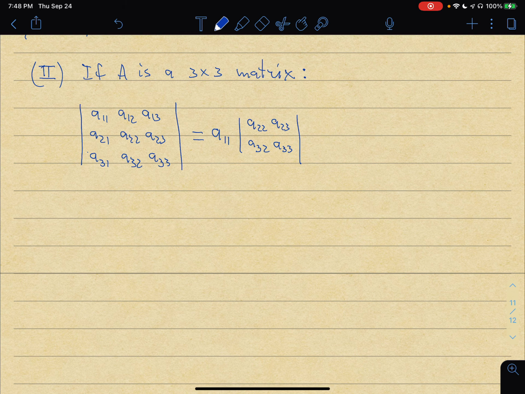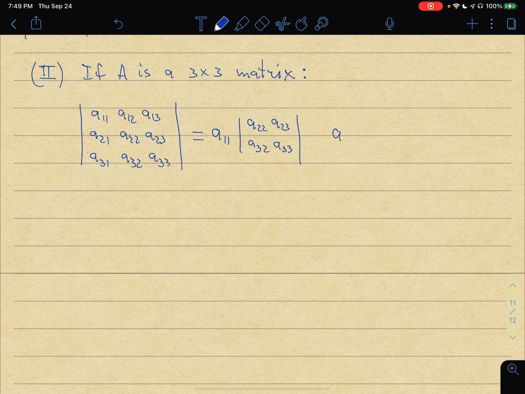Then you repeat the same thing for the second element in the first row. You remove the first row, which contains that element, and you remove the second column that contains that element. So everything circled is gone, and what is left is a 2 by 2 matrix A21, A23, A31, A33.